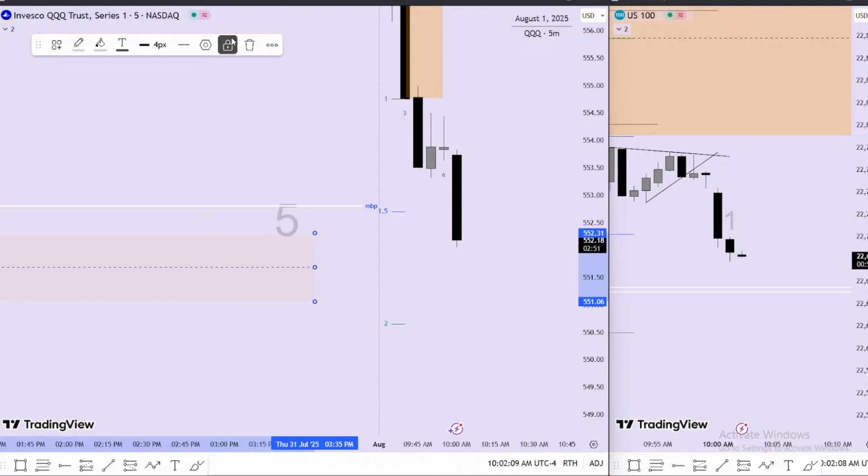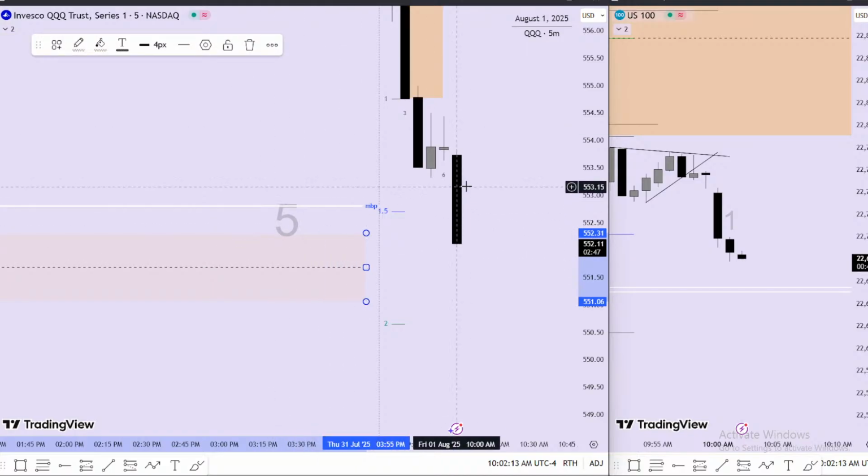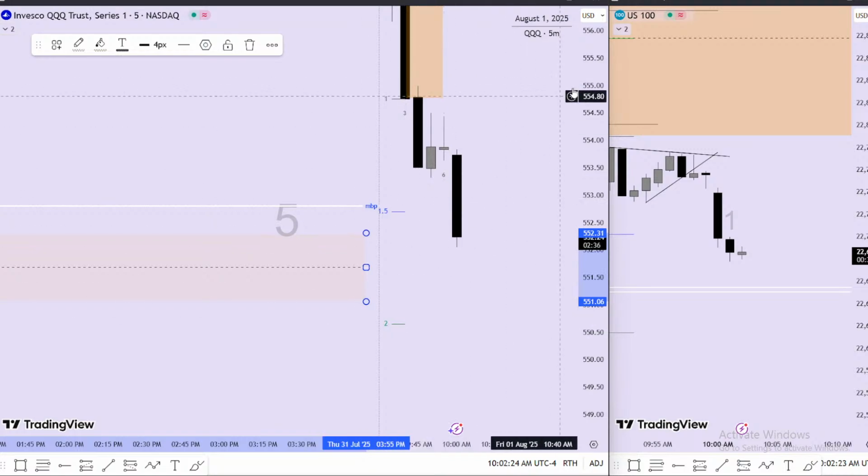Now we are below the monthly breakout point. Let's see if we can come below this low, which is a good target, and also the single standard deviation on the first range.